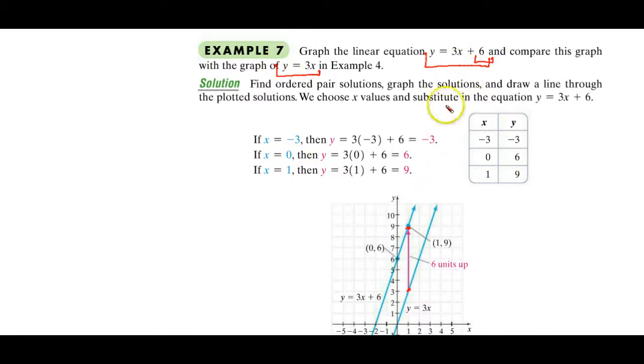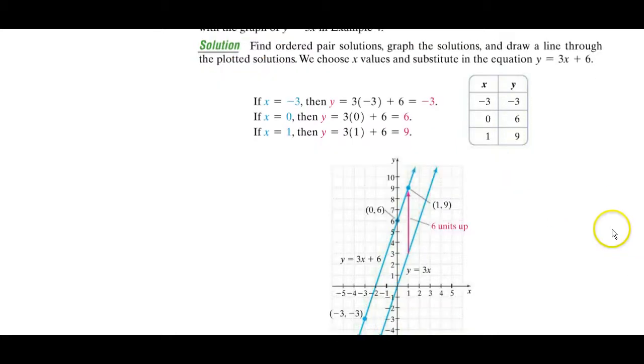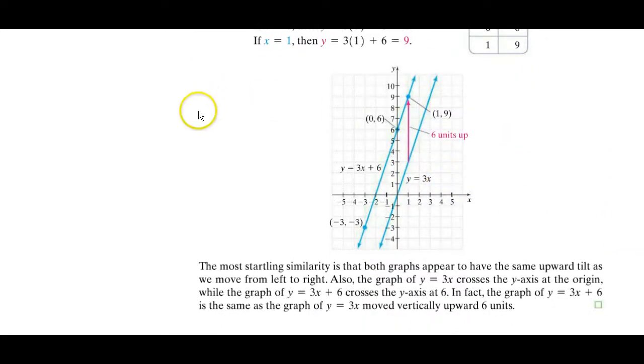So this is leading us into something here that we're going to take a close look at. And that is, in a sense, this graph has been shifted up, like from here to there, 6 units. And that 6 is sort of an interesting thing when we look at this graph. It's been shifted up 6 units. You're going to be using this in other courses too.